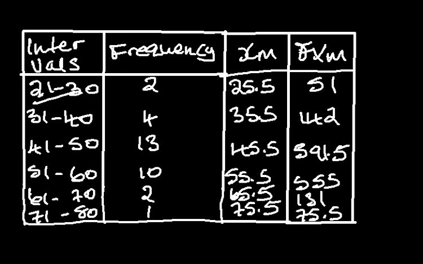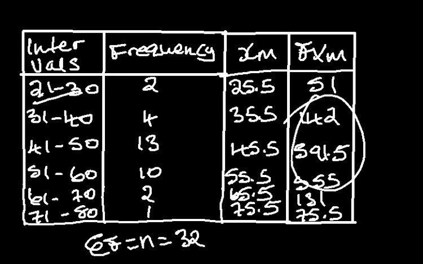Next, this is the summation of the frequency, which is the same as the value of n. We're going to add the frequencies: 2 plus 4, plus 13, plus 10, plus 2, and plus 1, which is given as 32. And also we'll have the summation of this column, that corresponds to the summation of fxm.